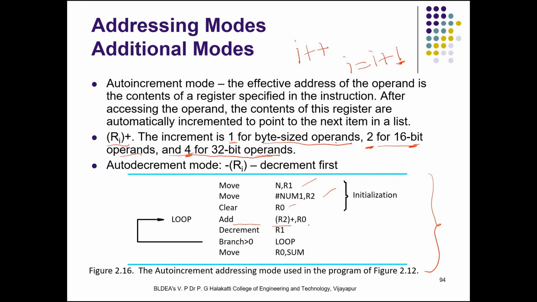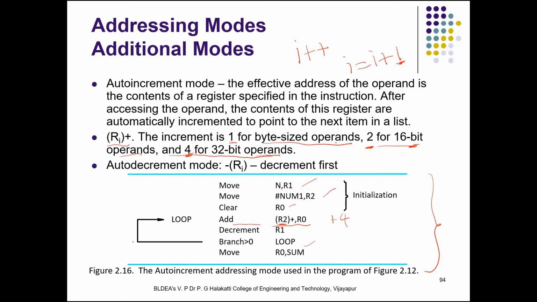Now here, if I write add R2 plus R0, the content of R2, that is the address, is automatically incremented, and here we are taking the content of R2 as address, that is, it is containing a 32-bit operand, so the content of R2 will be incremented by 4, and we are decrementing R1 and checking whether R1 is equal to 0.